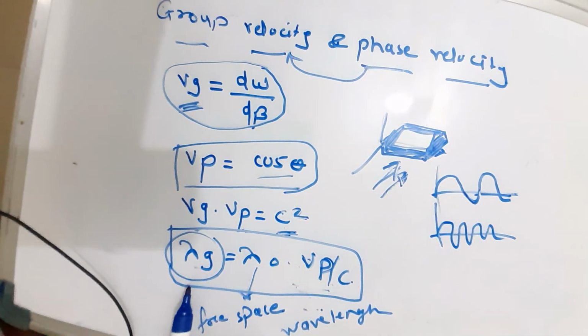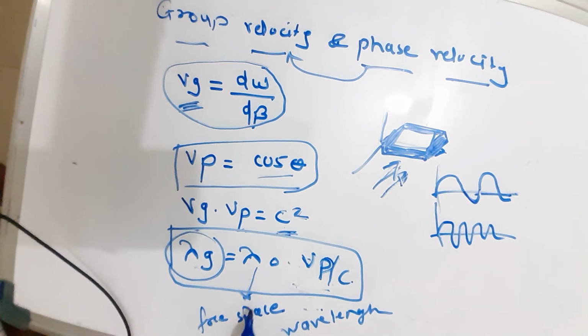Similarly, lambda g equals lambda 0 into Vp divided by c, where lambda 0 is the free space wavelength, Vp is the phase velocity, and c is the velocity of free space.